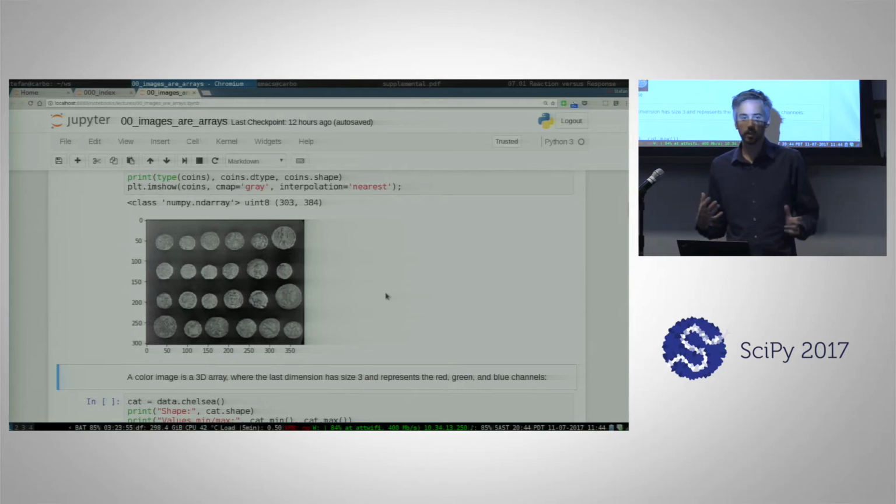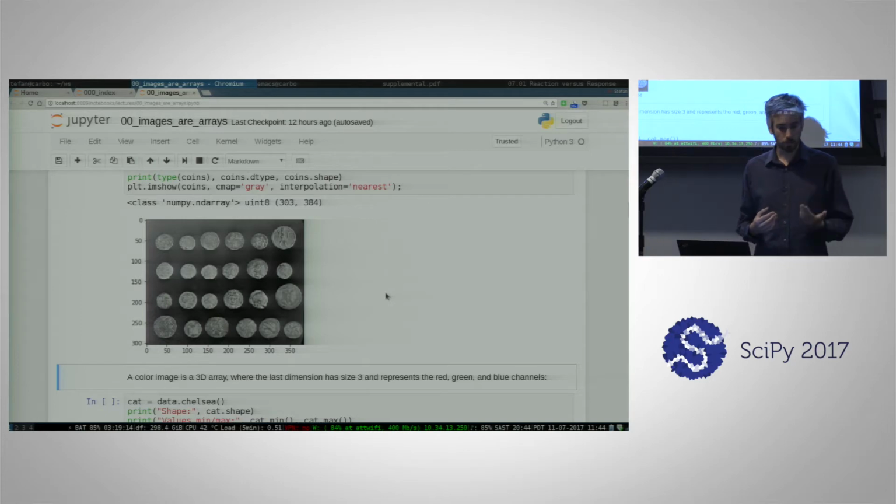We can now extend this concept further and think, how would we represent color images? What we typically do is we say a color image consists of a red, a green, and a blue layer. So it's essentially just 3 grayscale images combined into one. So you stack the 3 layers on top of one another, and you get an M by N by 3 array. That's your color representation.